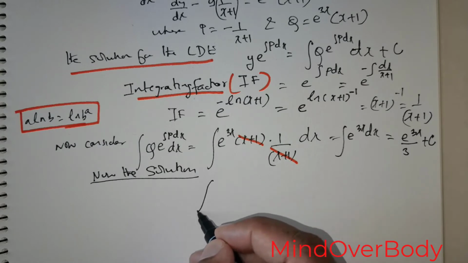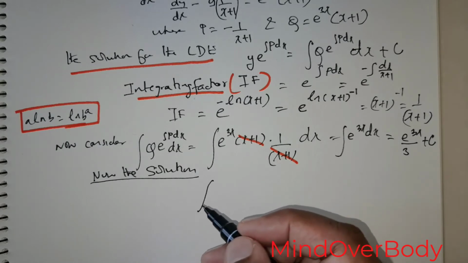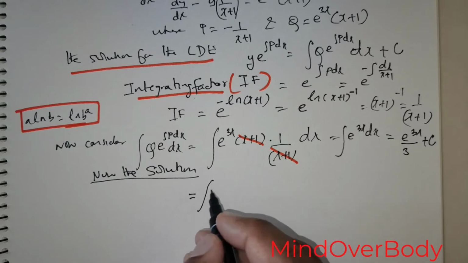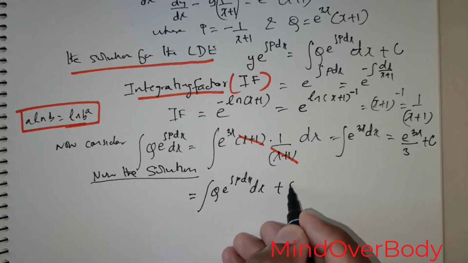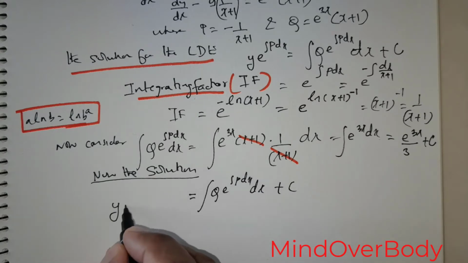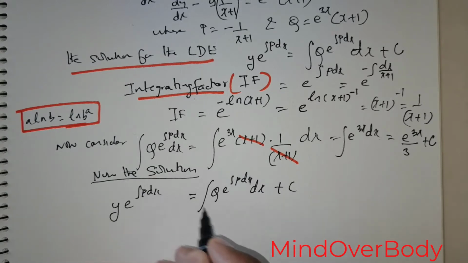We know that, on the right hand side, it is the integral of q times e raised to the power of integral p dx, plus c. On the left hand side it's going to be y times e raised to the power of integral p dx. So this is the solution.